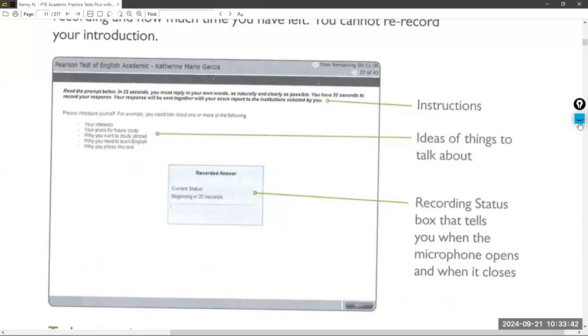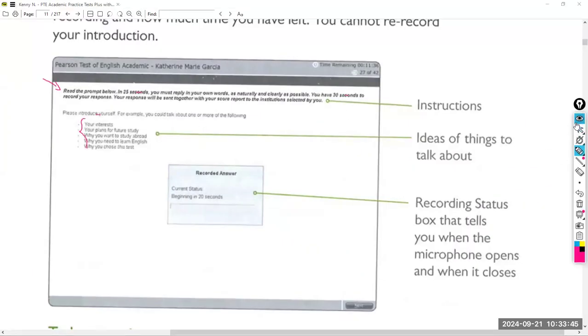Okay. So the instructions are saying I have to read the prompt below. This is the prompt about these questions. Now, in 25 seconds, you must reply in your own words as naturally as possible.